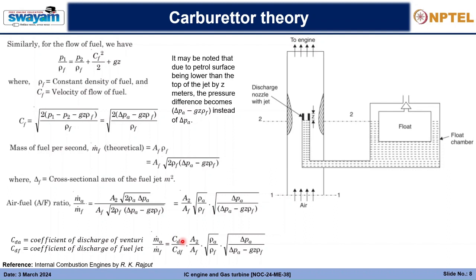If we apply that, we will get this particular expression, and if Z equals 0, then the fuel is at the same level as that of the nozzle. So Ma by Mf equals CdA by Cdf into A2 by AF into root over rho A by rho F. So that's the expression of that.